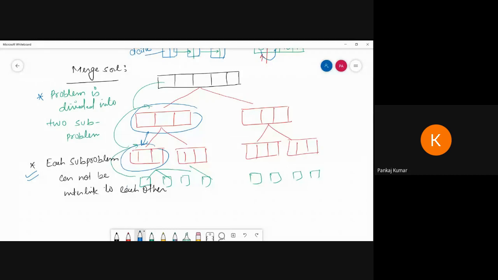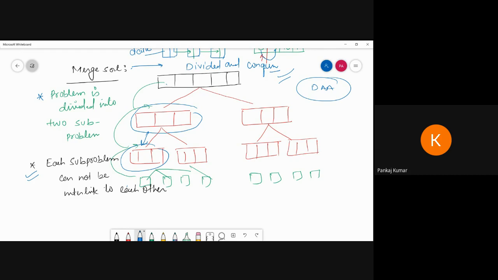So this algorithm comes under divide and conquer. Now this is the technique we use to perform the sorting. When we discuss DA in the 5th semester, we understand what divide and conquer is. Divide means we divide the problem into two halves.